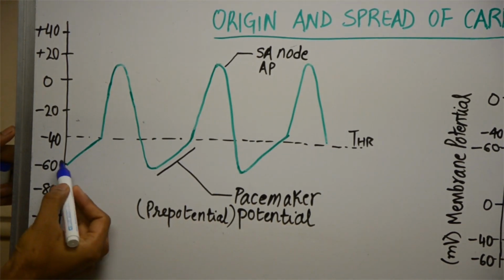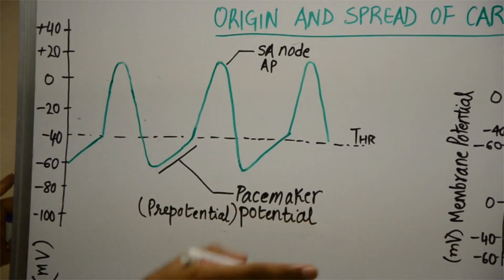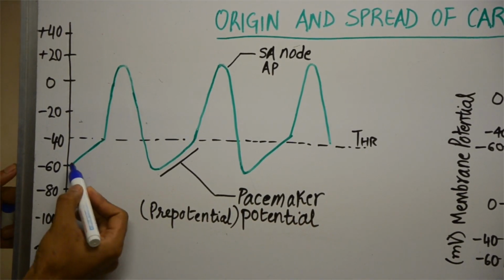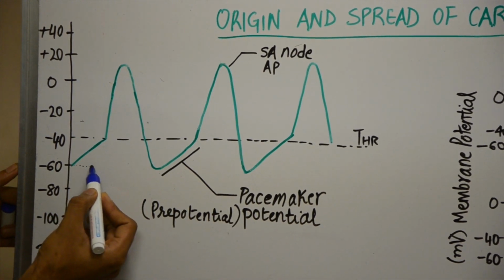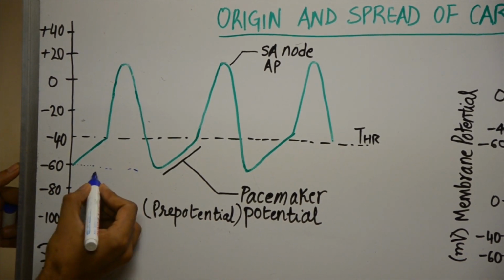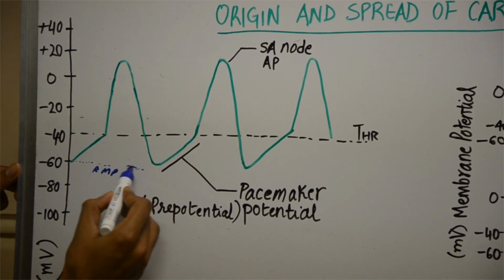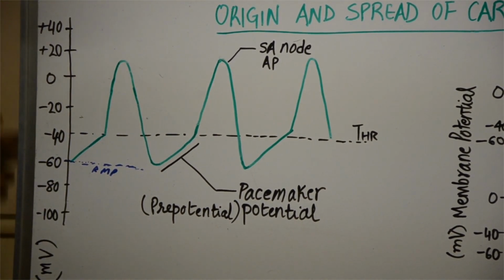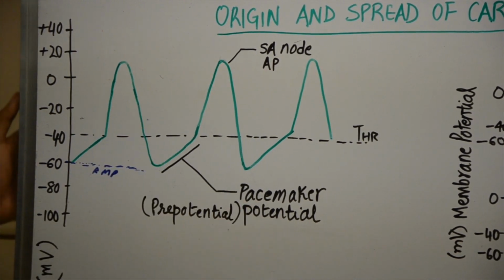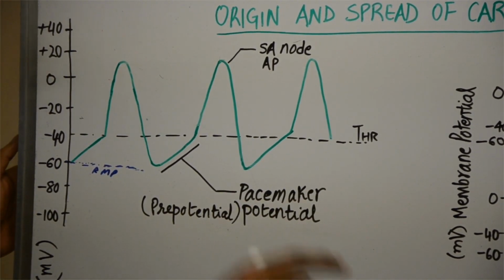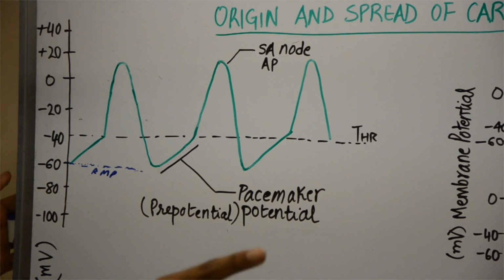The -55 to -60 millivolts was the resting membrane potential. So this level that you can see is the resting membrane potential, RMP, right here, -60 millivolts. The cell is at resting membrane potential, it is at rest. Now there is no requirement of an external stimulus.